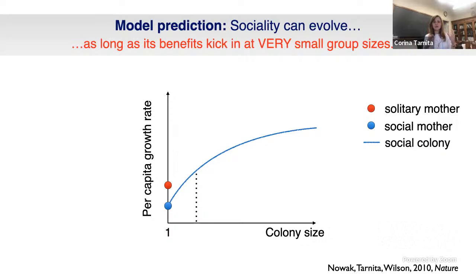So the benefits of being in a eusocial group had to kick in at small group sizes, at least in the way I was looking at the calculations then, around 10 individuals, a handful of individuals basically.